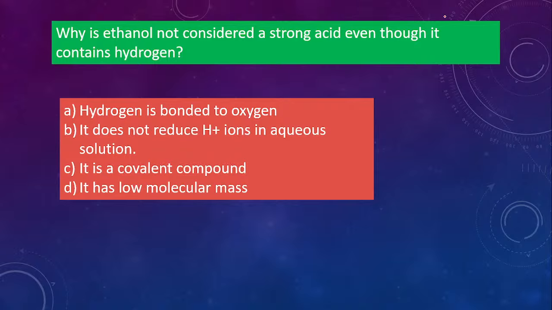Okay, Bitesh, you're going for C. Always remember the properties, okay? The question is based on the properties. So what are the properties of a strong acid? When can a substance be called a strong acid or a strong base? It has to have certain properties that will identify it as an acid. So that way you think of an answer. Okay, what about others?